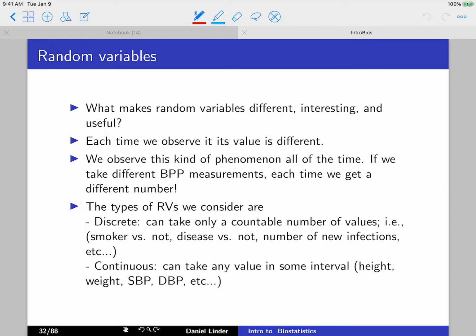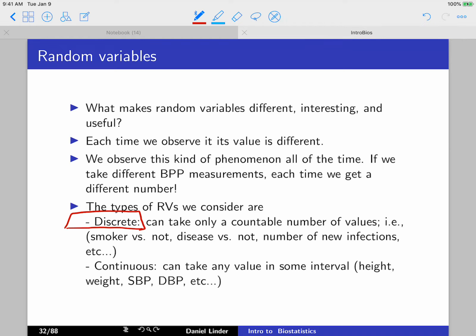So the different types of random variables that we're going to talk about, and the different types of distributions that describe these random variables, are going to be the so-called discrete random variables. Discrete random variables are random variables that can take only a countable number of values. So the dichotomous and categorical variables that we were looking at last time would be considered discrete.